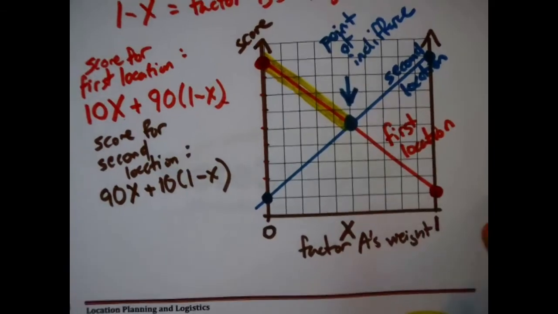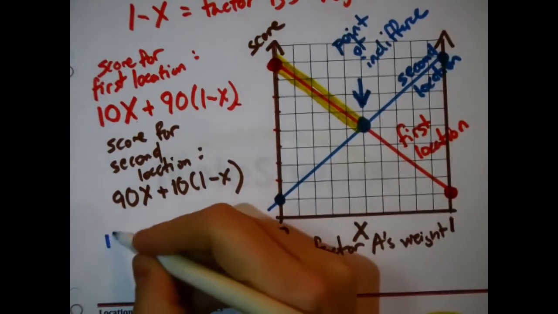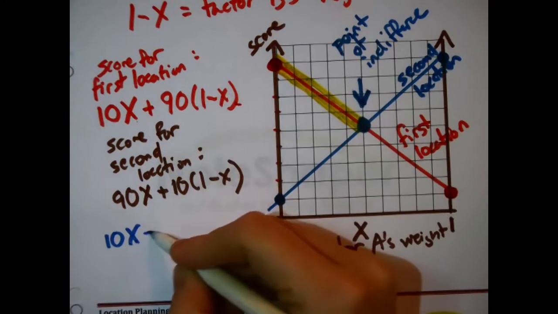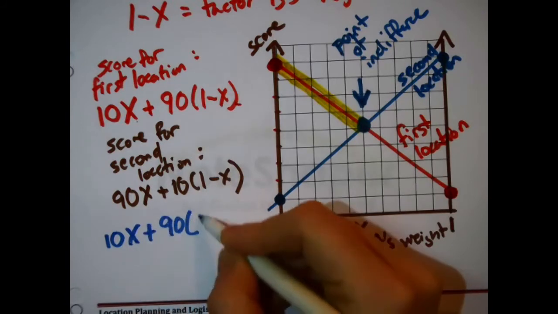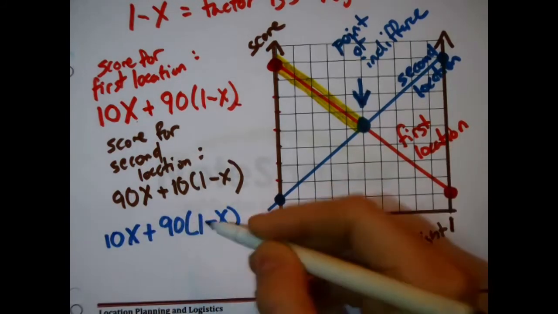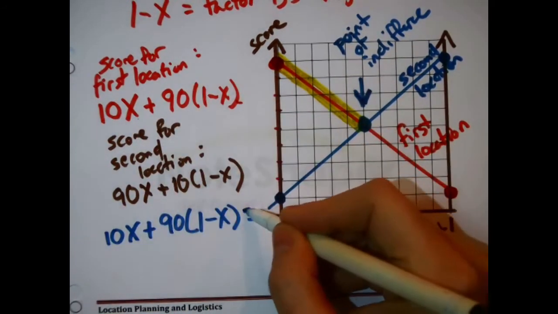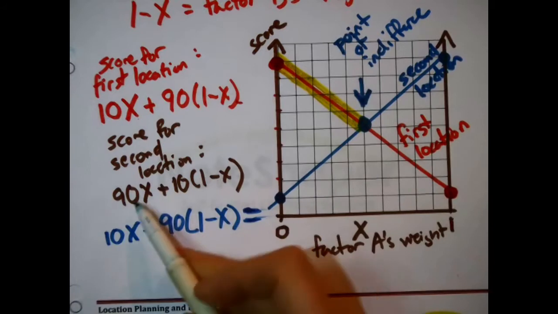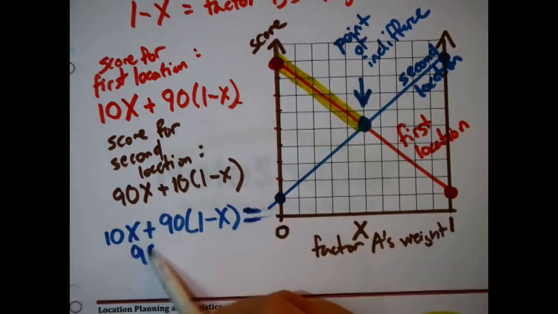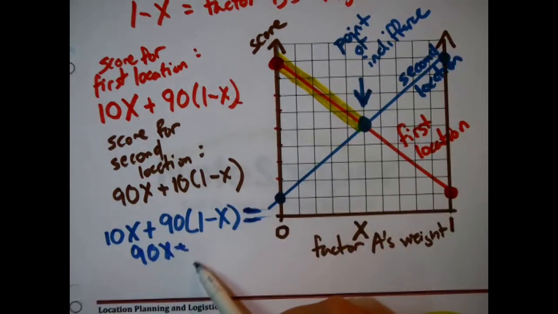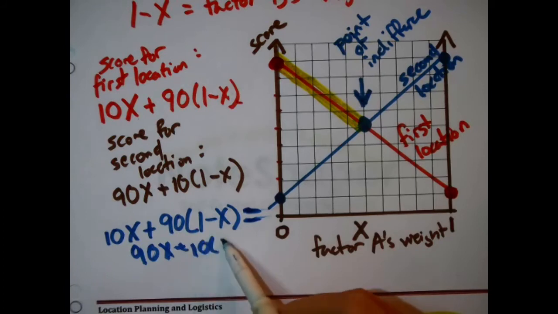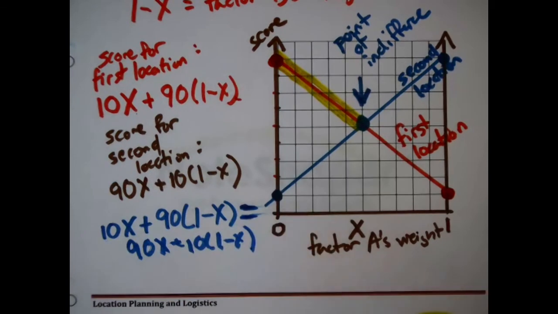Well, I could do that by saying 10 times x plus 90 times 1 minus x. That's the score at the first location. I just copied this. When does that equal this right here? 90x plus 10 times 1 minus x. Oh, all right.